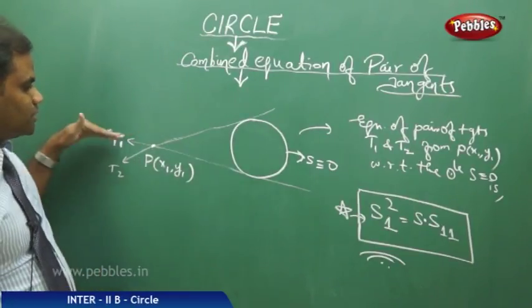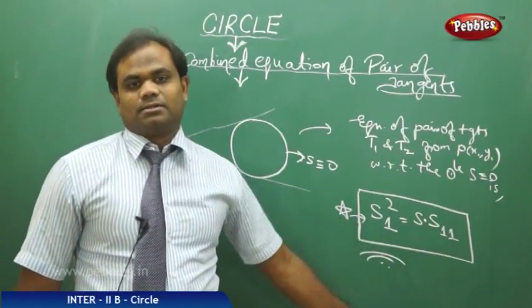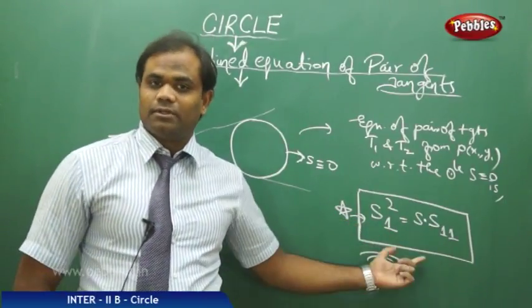So the equation of these two tangents together is given by this formula, S1 squared equals S times S11, the pair of tangents with their equation.